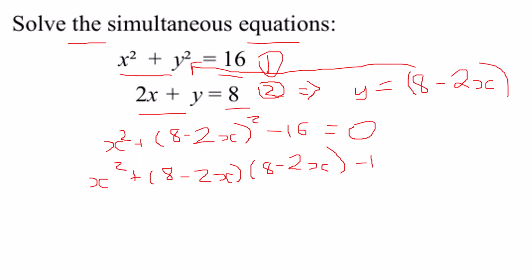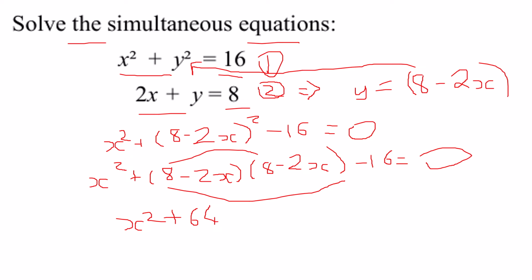So expanding the brackets, I might jump a step here, but check if you're unsure. We're going to have x squared plus 8 times 8 makes 64. Then I've got 8 times minus 2x, that makes minus 16x. We've got minus 2x times 8, also makes minus 16x.